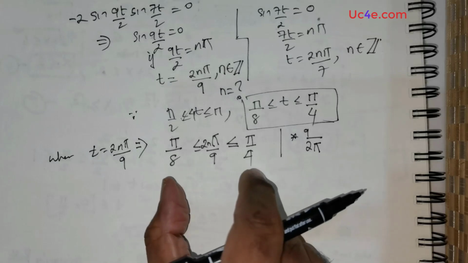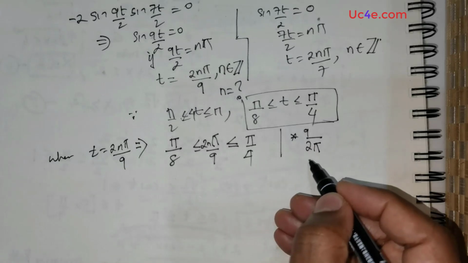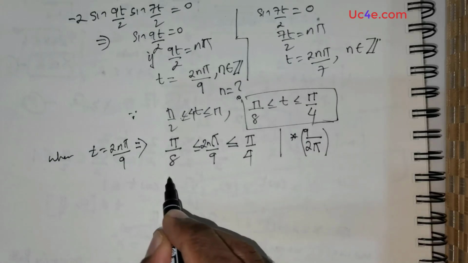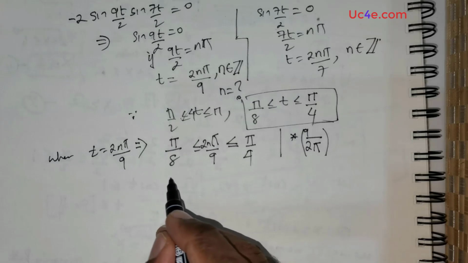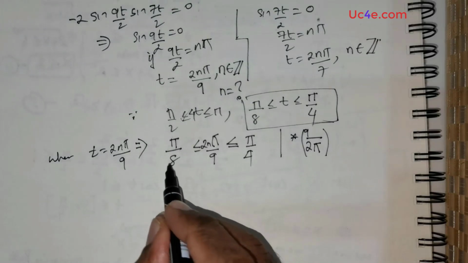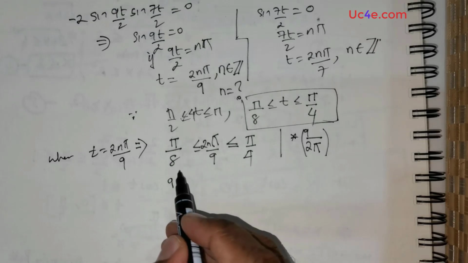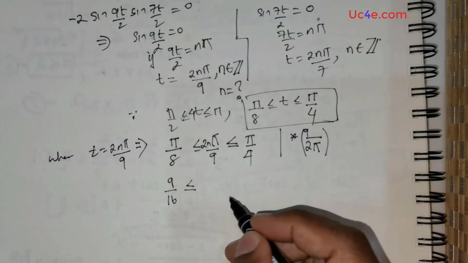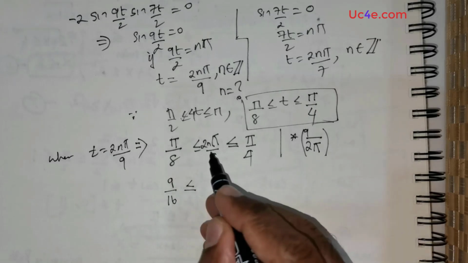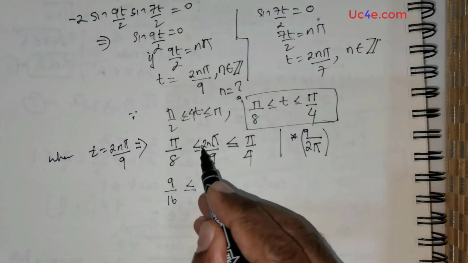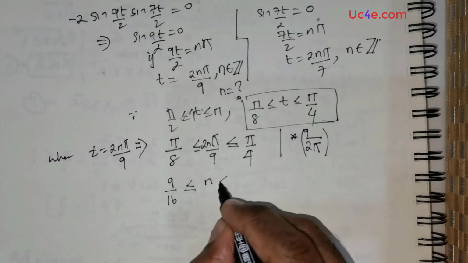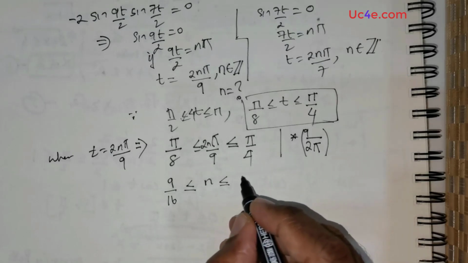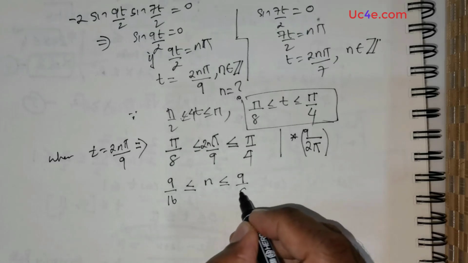If I do that, pi gets cancelled, so this is going to be 9 over 16, less than or equal to n, because pi gets cancelled, 2 gets cancelled and 9 gets cancelled, giving me n less than or equal to 9 over 8, right?